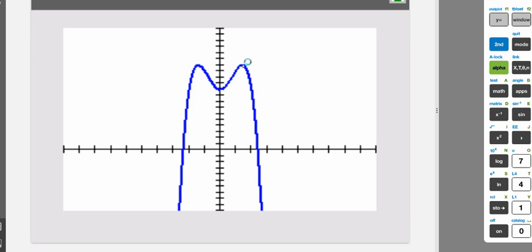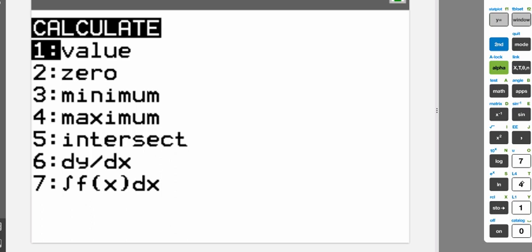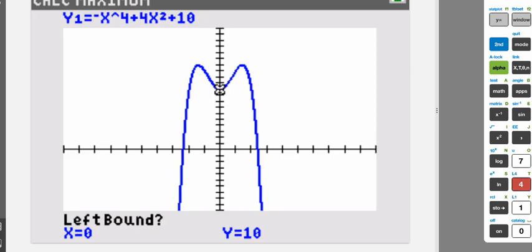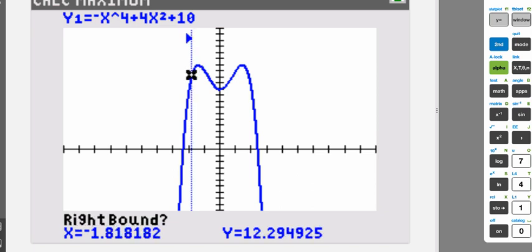Okay, so I need to know these maximum points. And maximums go under extrema. So you're going to be killing two birds with one stone here. Second trace, I want to know a maximum, which is number 4. So you use the left arrow key to go over towards that first maximum, which is about right there. We need to get on the left side of it and hit enter.